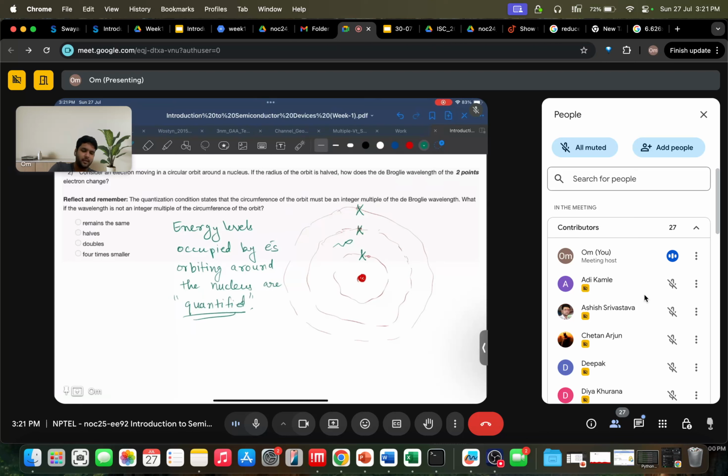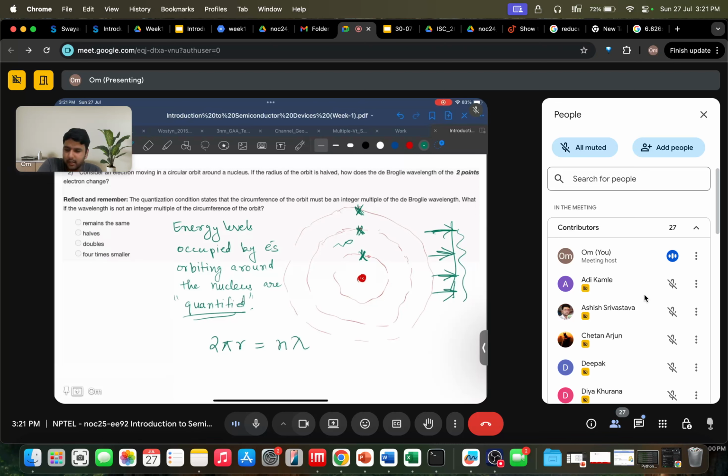What does quantized mean? It means it's not continuous; only some fixed, discrete energy levels are allowed. It cannot exist anywhere, it has to exist in these fixed energy levels. How these fixed levels are found: 2πr = nλ.